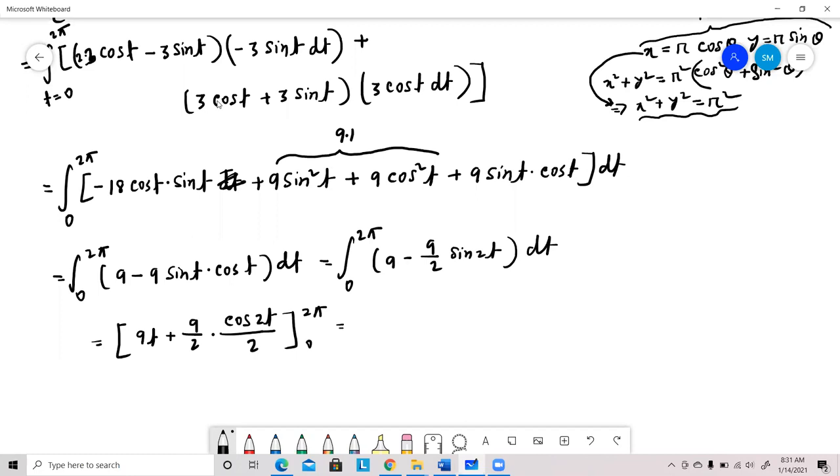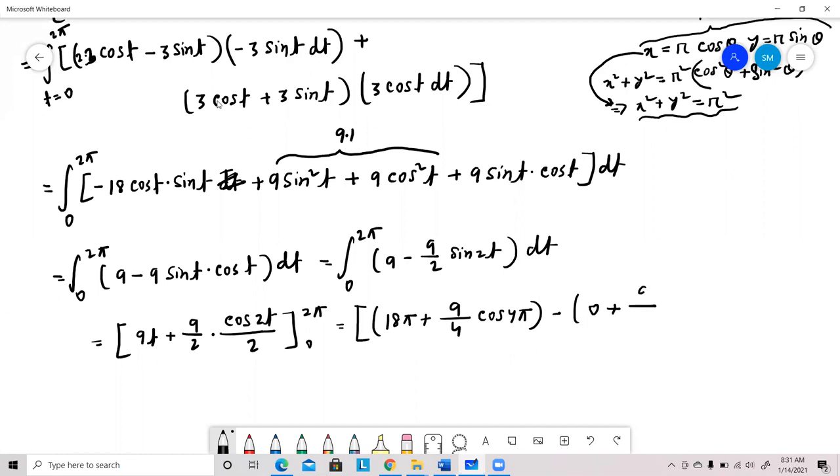Now if we put the limiting values, at first the upper limit, that means 18 pi plus here 9 by 4 cos 4 pi, and for the lower limit it will be 0 plus 9 by 4 cos 0.